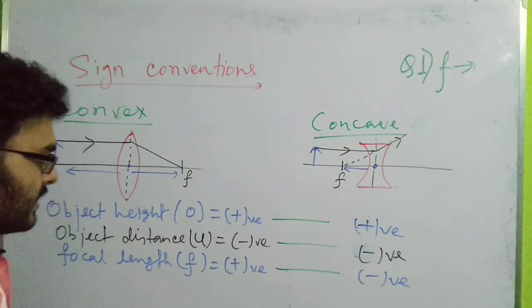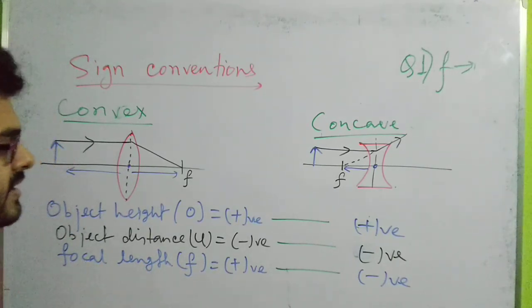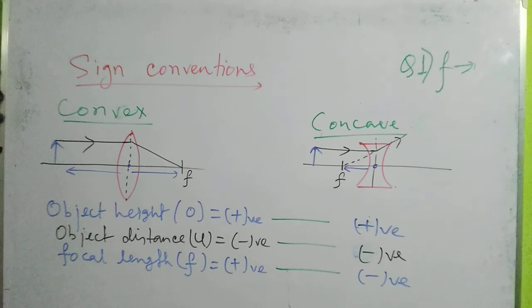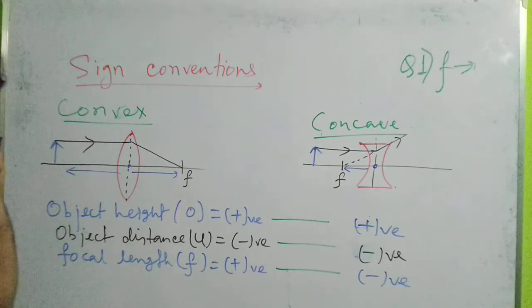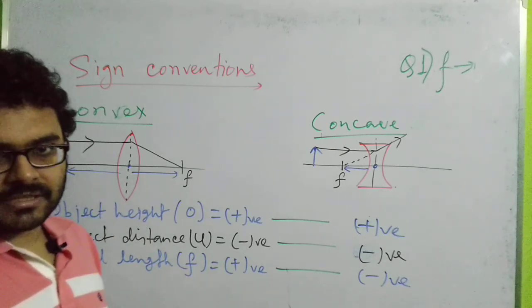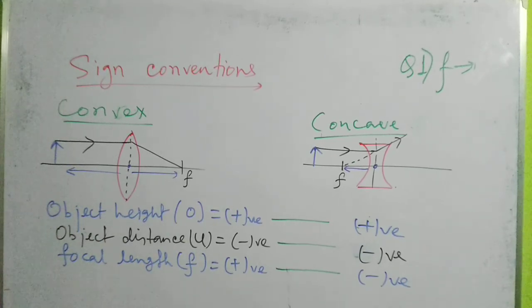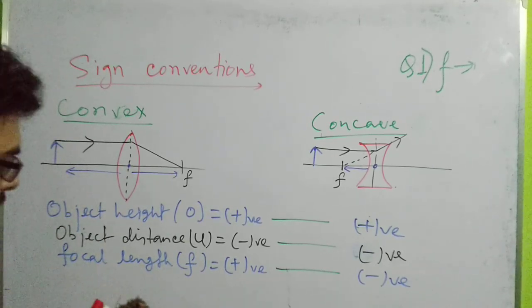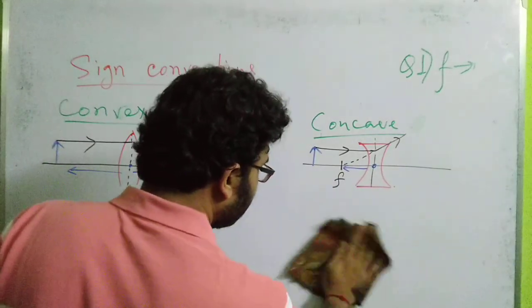Fine. Now there are two more parameters given: the image distance and the image height. What are the signs for this image distance and image height? Quickly moving on. If you have not noted it down, please note it down. Now see the image distance and the image height.